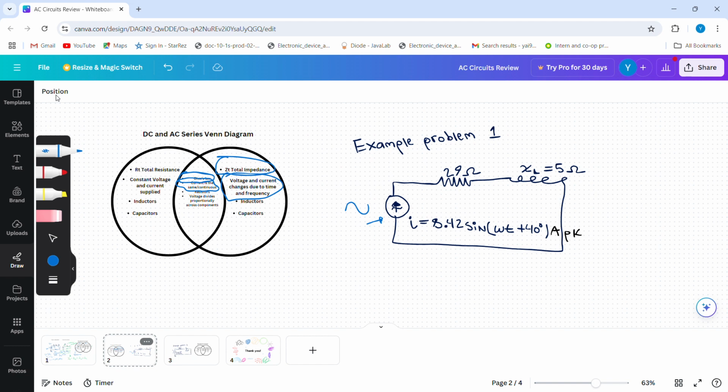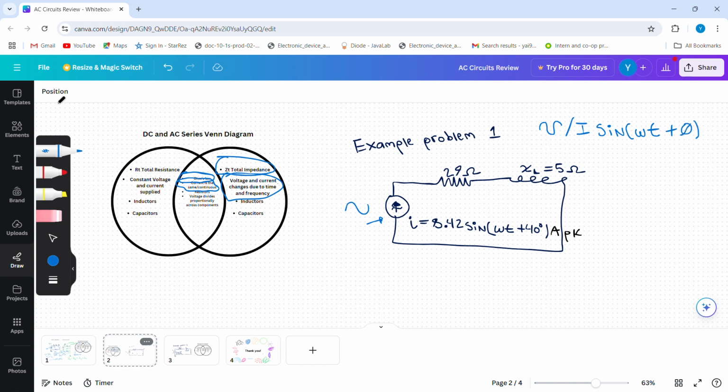Before we get started, I'm going to write a little reminder of what the typical form of an AC sinusoid is. So we would usually have a voltage value, or we can have a current value, and then we will have sine omega t, and then plus theta.